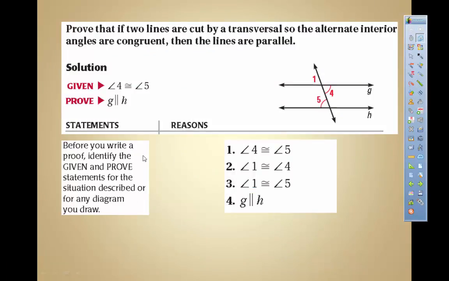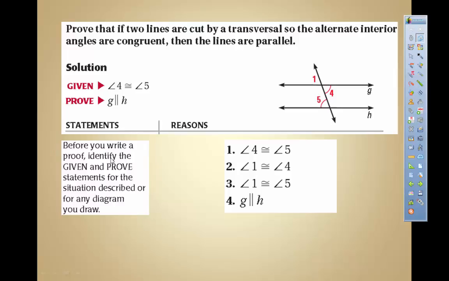Well, here's a proof, and what we want to do is prove that if 2 lines are cut by a transversal, and the alternate interior angles are congruent, then the lines are parallel. Okay, so that's our job. We're trying to prove that lines are parallel. So one of the things I want to remind you about is this little note over here.